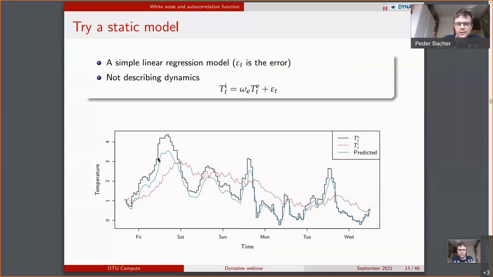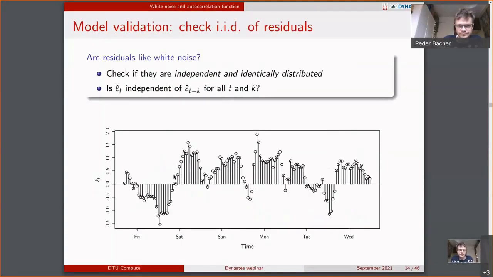It says that the internal temperature will respond immediately to the external temperature. But in reality, the data we simulated and are trying to predict is the red line. So we subtract these two from each other, and then we have what we call the residuals, and they look like this.